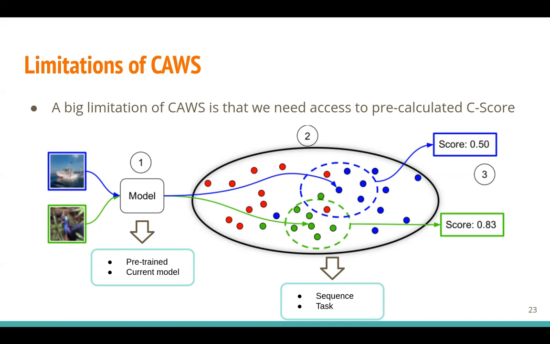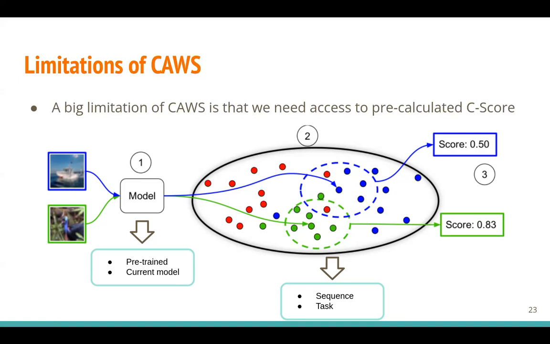If the neighborhood of a particular sample is full of elements of the same class, it means that that particular sample should be consistent, because it's far away from other classes and very near to elements of the current class. So let's focus on this idea to create these proxies.